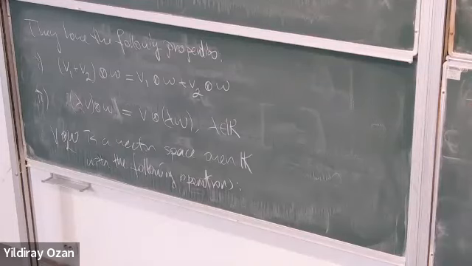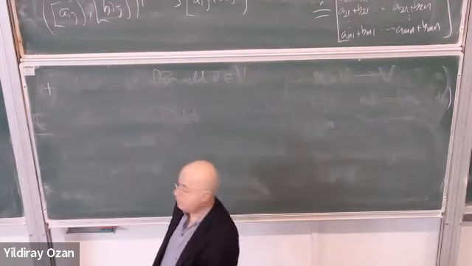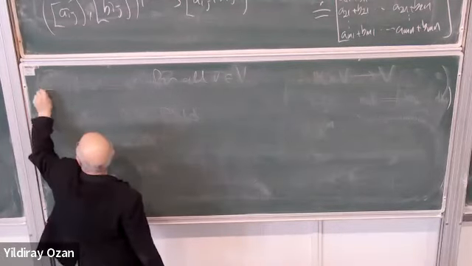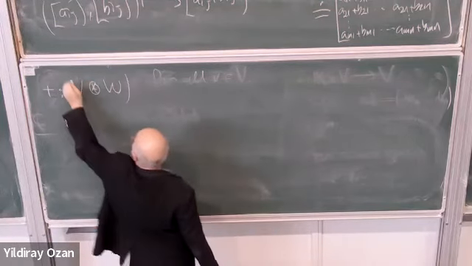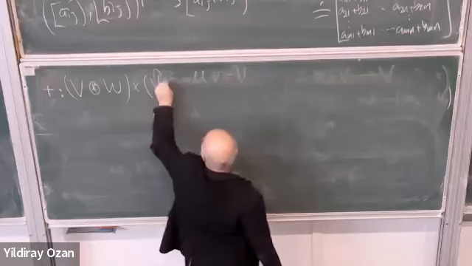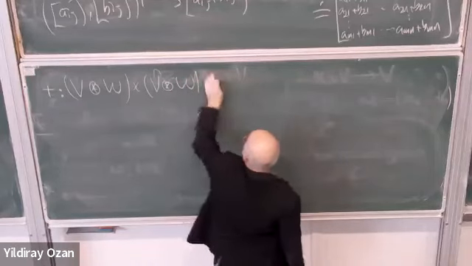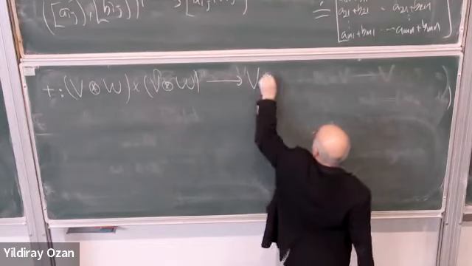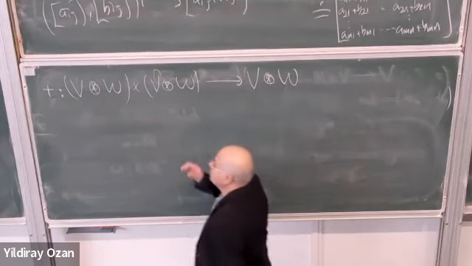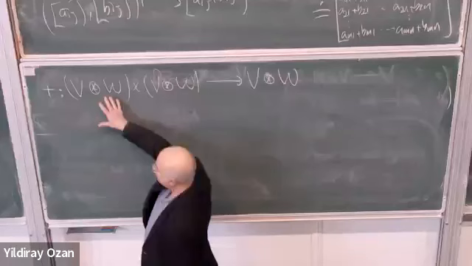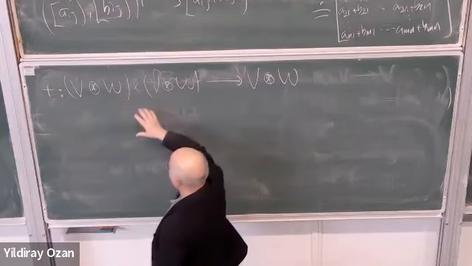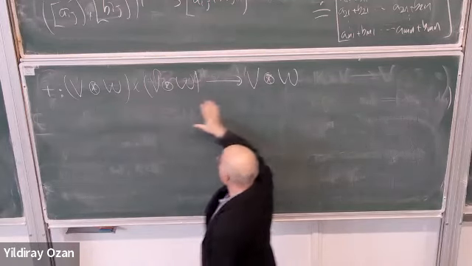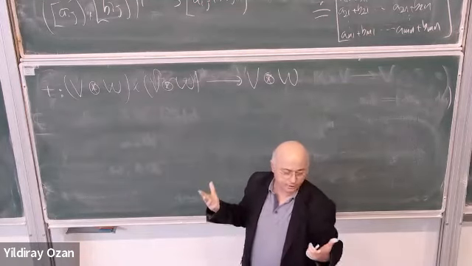First, the addition operation. So what are the elements of this? Elements of this are just finite sums.